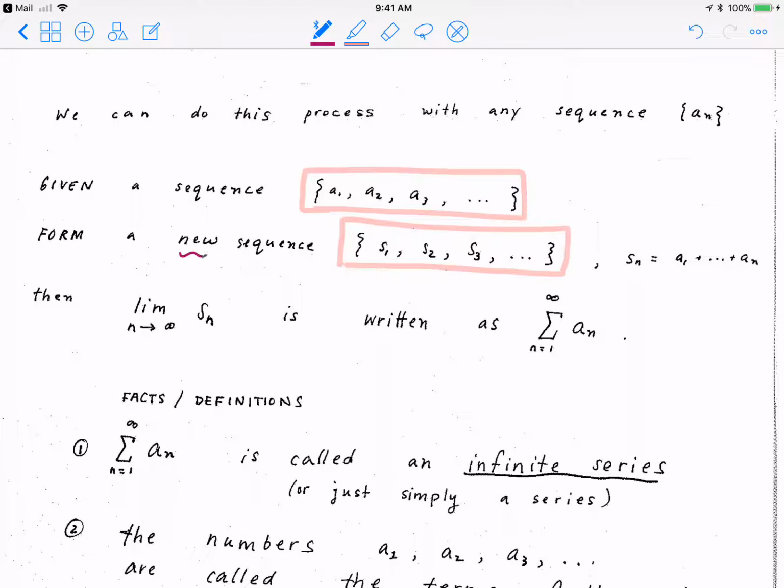This new sequence is your sequence of partial sums, and the nth term, the nth partial sum, is defined here. So this is your nth partial sum.